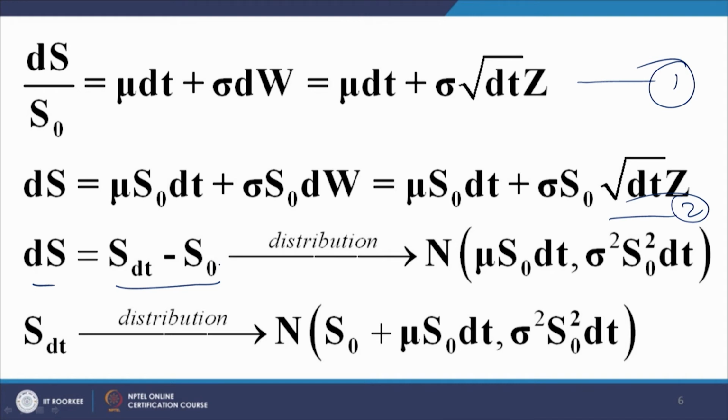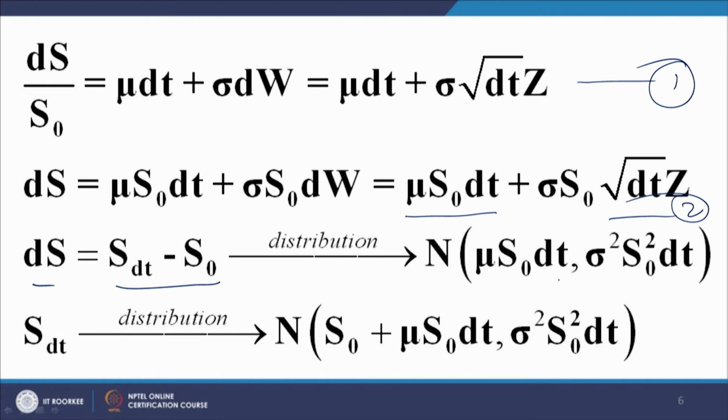S naught is today's price, and s dt is the price at a time dt from now, and where dt is small, of course, that I mentioned just a couple of minutes back. So, ds is normally distributed with a mean which is equal to mu S naught dt, and with a variance which is equal to sigma square S naught square dt.